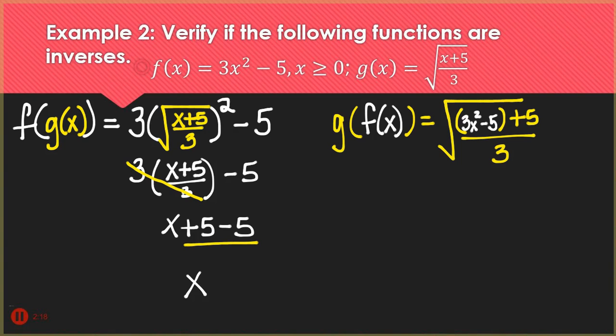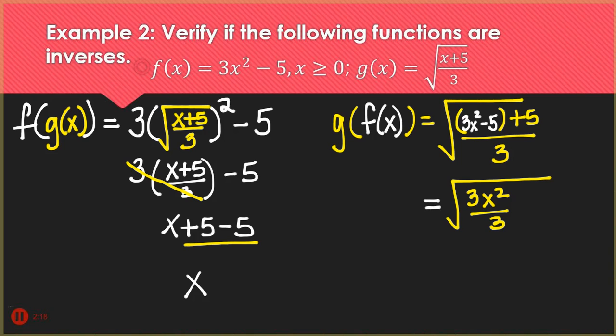And now we're ready to simplify. Essentially, we're going to do everything in the reverse of what we did when we composed the g function into f. So, first we're going to simplify the numerator. And when I simplify that numerator, the minus 5 and the plus 5 will cancel out. And that is going to leave me with 3x squared divided by 3, all under a square root.